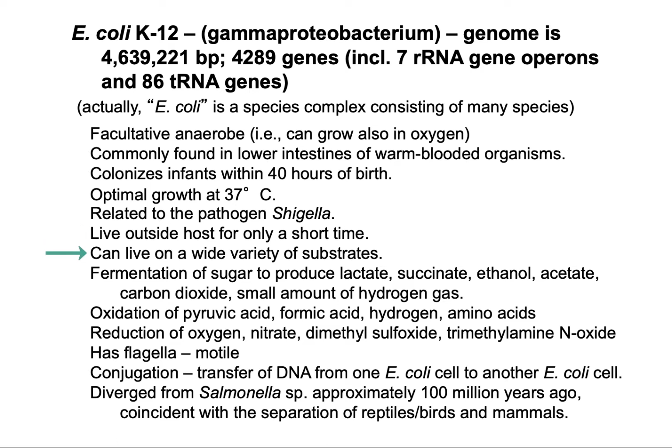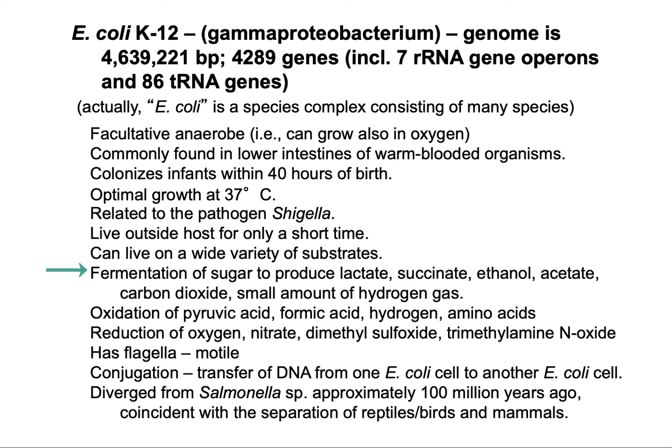It can live on a wide variety of substrates, which also is indicative of the large genome. It can adjust to many different carbon sources, nitrogen sources, etc. So it can ferment sugar to produce lactate, succinate, ethanol, acetate, carbon dioxide, and a small amount of hydrogen gas.